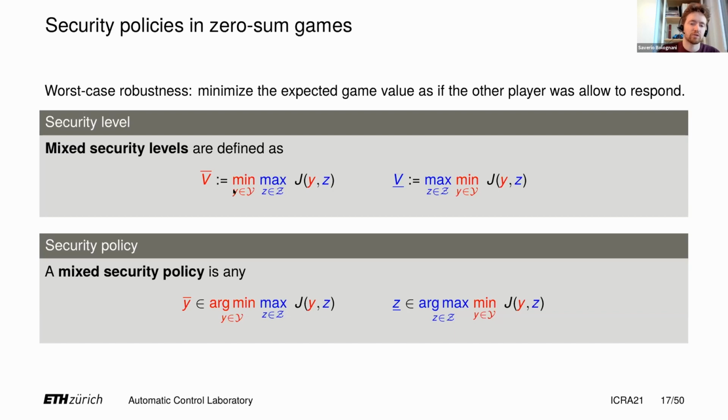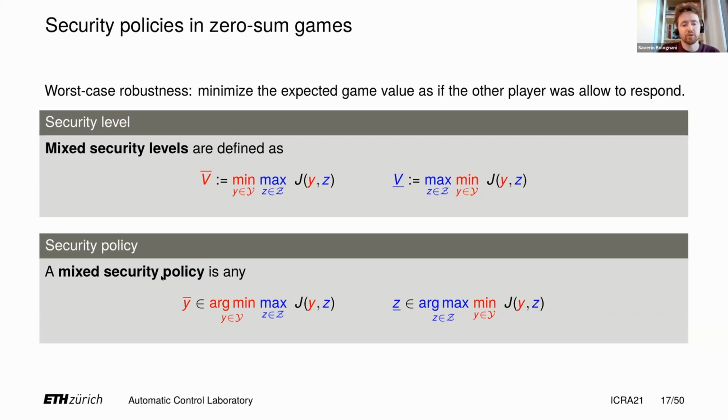So in general, player 1 should be able to do better than that. So this is an overbar. This is an upper limit. The underbar is the opposite, right? It's player 2 that picks first, but needs to announce to the other player, and player 1 can respond. So this is an underbar, underline V, right? At the end, you get something larger than that if you play the game.